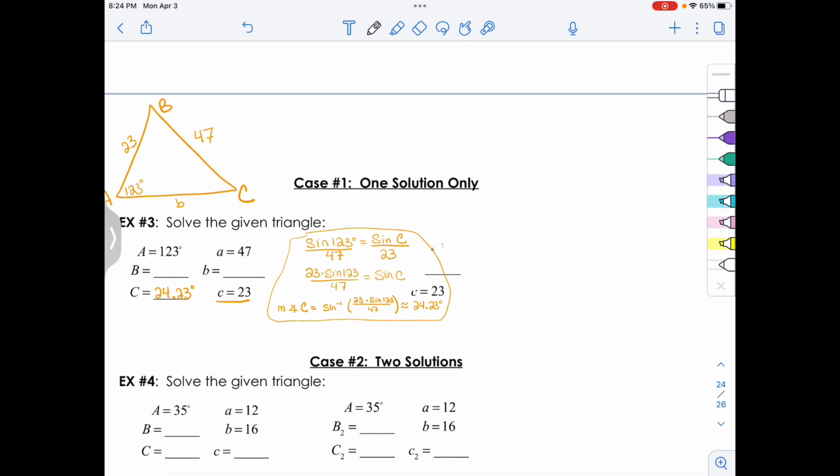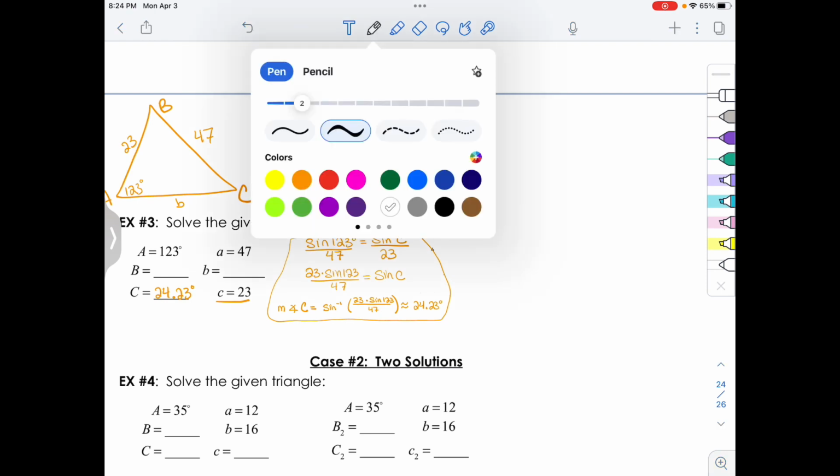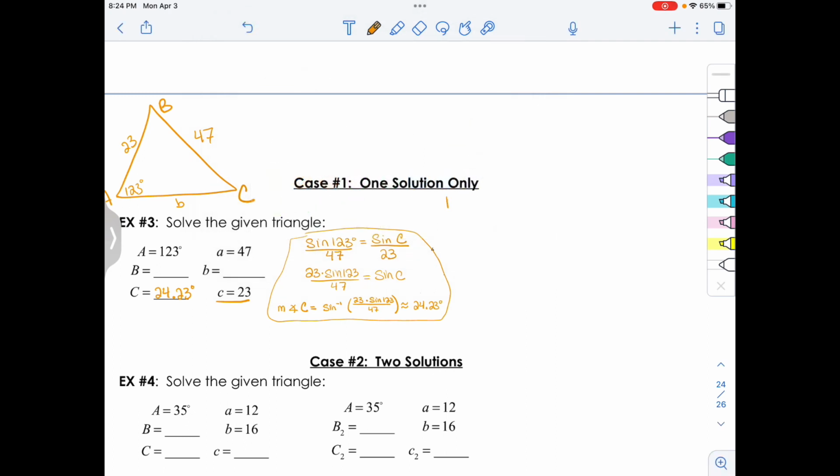Okay. So now we know two angles and two sides. And in order to find that third section, I'm going to have to use what I know about triangles and find the missing side. So I do 180 minus 123 minus 24.23 to get my angle.